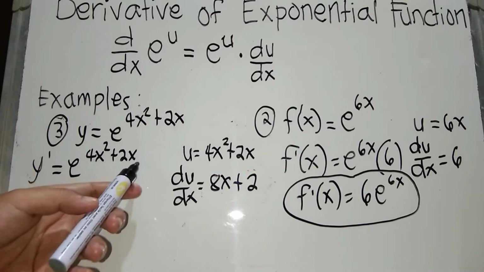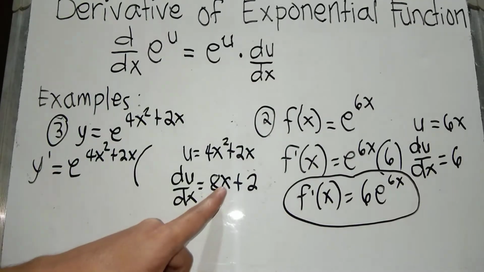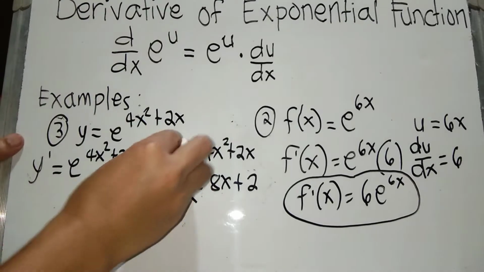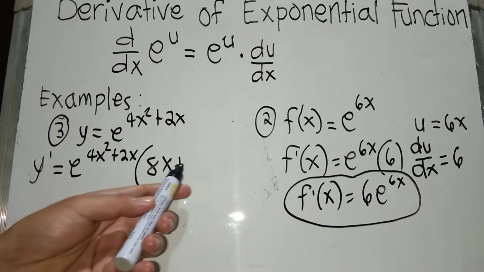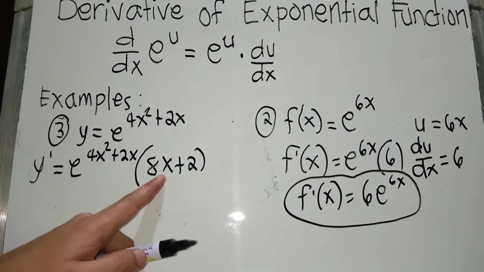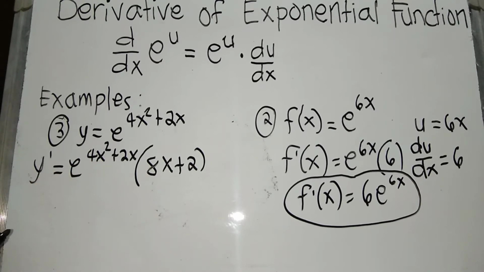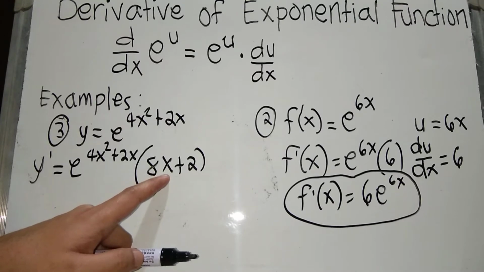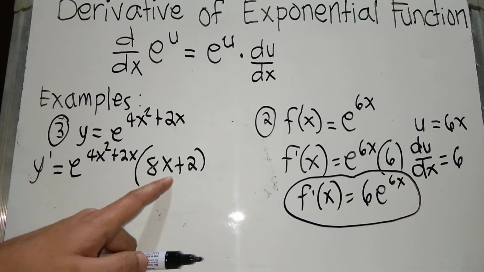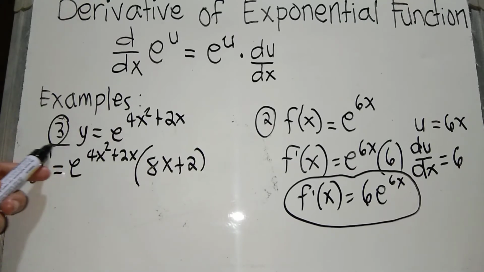And then at this point, we are going to multiply with our derivative, which is 8x plus 2. 8x plus 2 is the derivative of our exponent, 4x squared plus 2x. You can rewrite this. You can let 8x plus 2 be written first, or you can just take this as your answer.